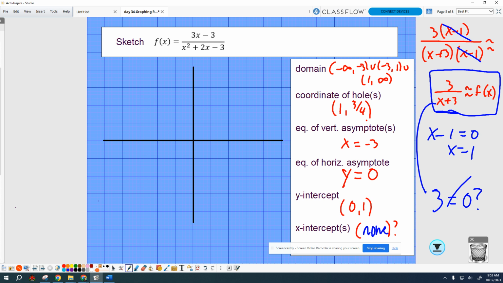I don't understand. The y-intercept is when x is 0. So all these x's became 0, so I have -3 over -3. You have to use the original equation. It's easier, but using the factored one, plugging in 0 here, 3 over 3 still becomes 1, right?